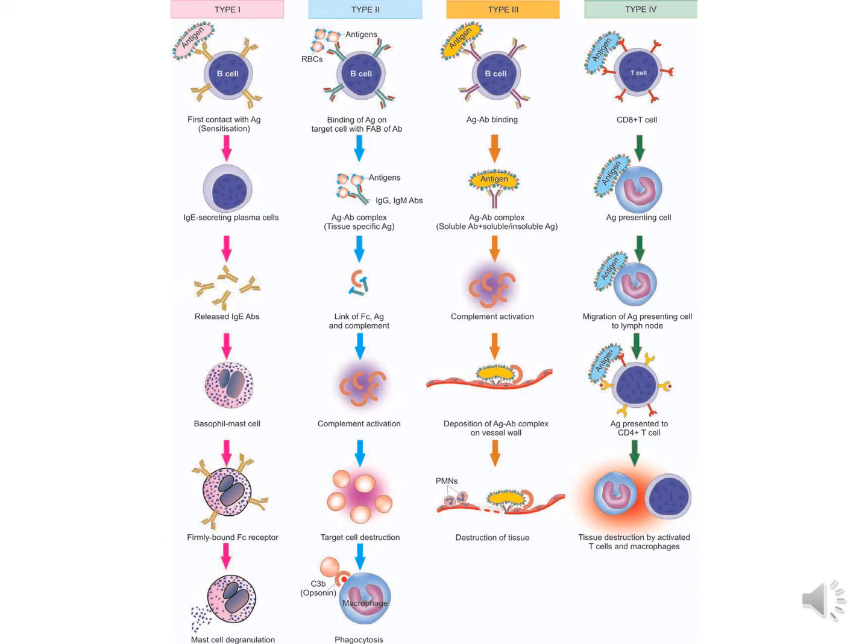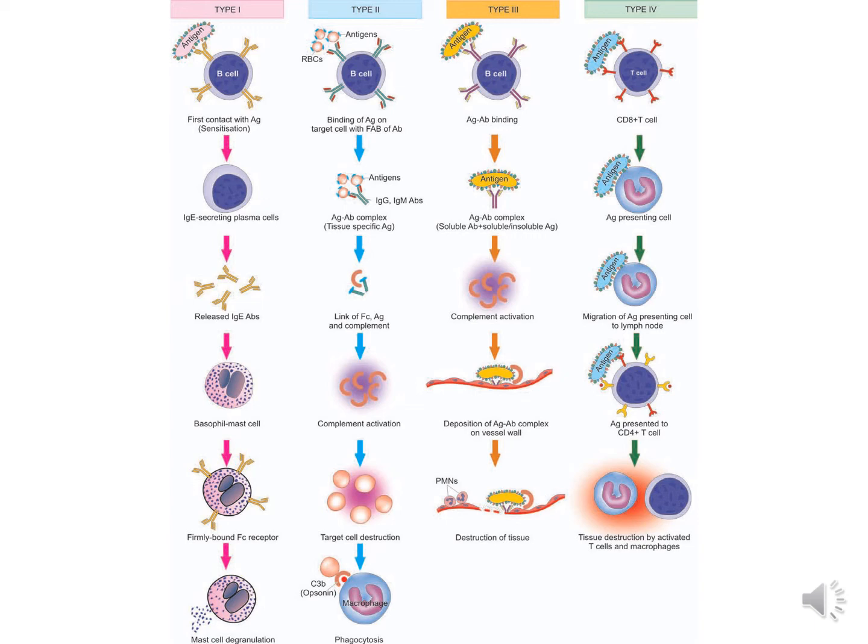Type 3, also starting with antigen-antibody binding with B cells, then complex formation, complement activation, deposition of antigen-antibody complexes on the vessel wall, and then goes destruction of tissues with the help of polymorphonuclear cells.